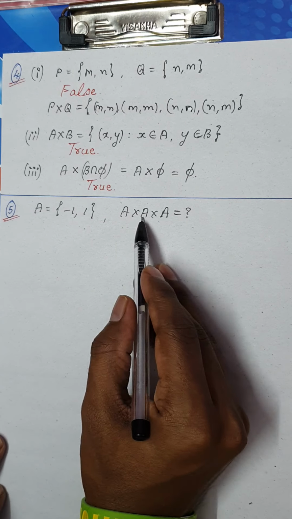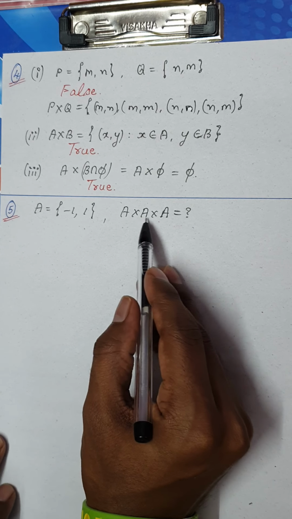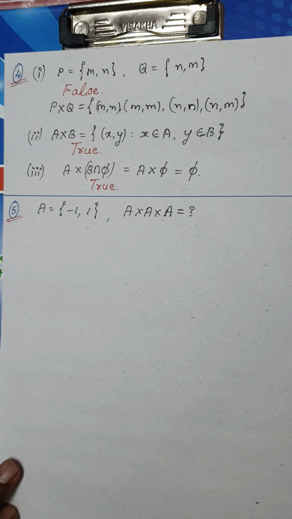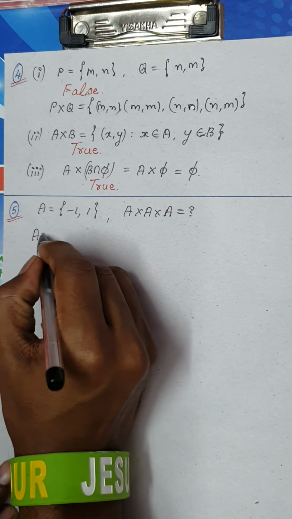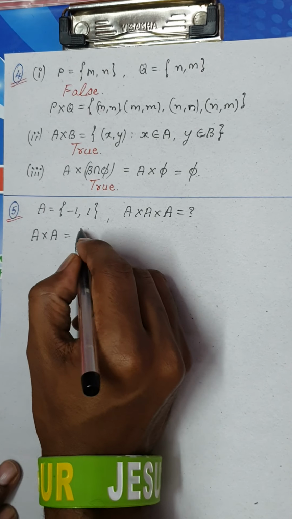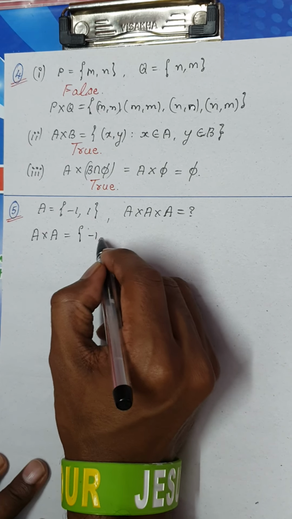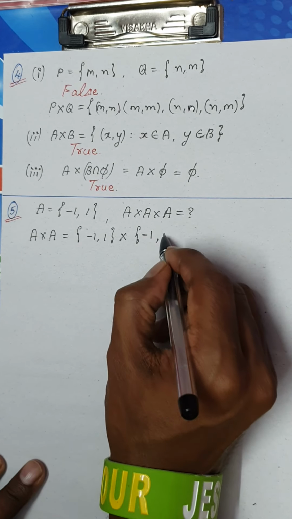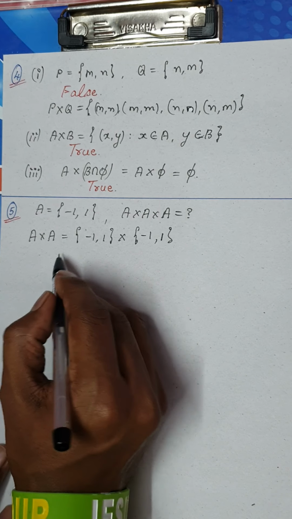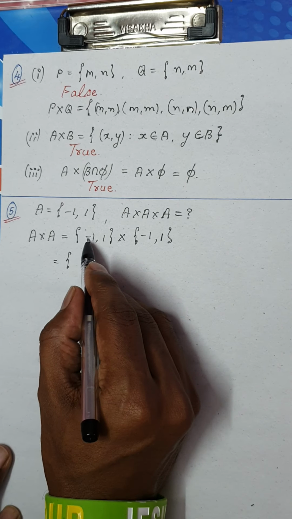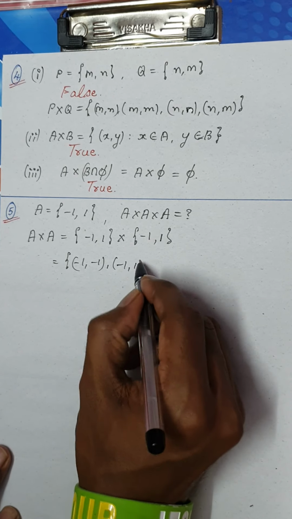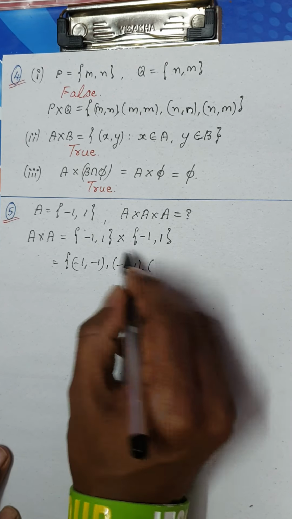You cannot directly get A cross A cross A. If you go directly for A cross A cross A, definitely you will make a mistake. So rather, let us go step by step. First, let us find A cross A. A cross A means write the set A, which is {-1, 1}, with the same set {-1, 1}. Now take the ordered pairs: (-1, -1) and next (-1, 1). Then start with 1: (1, -1) and (1, 1).